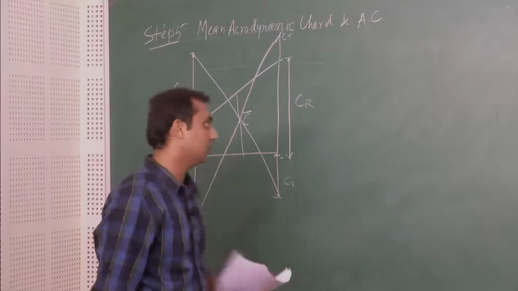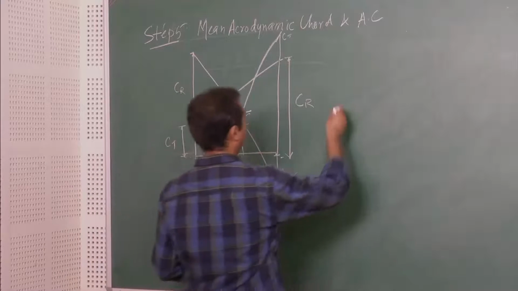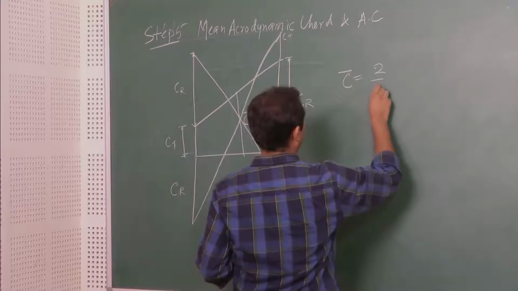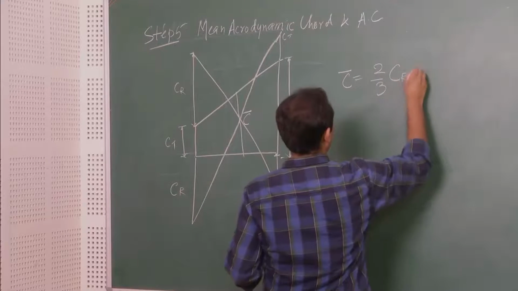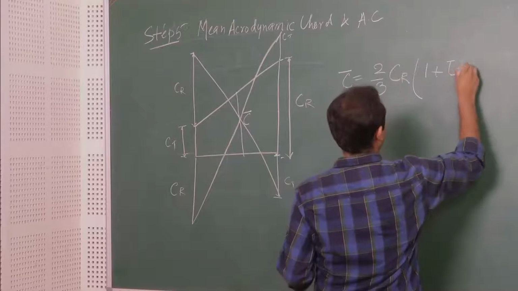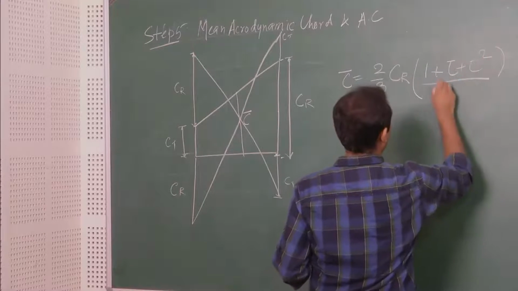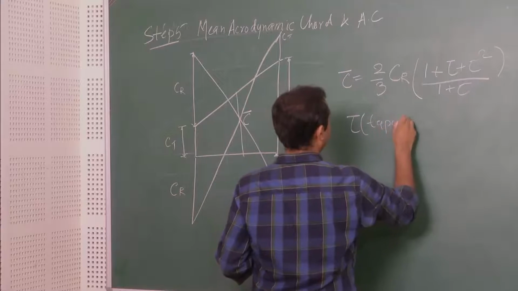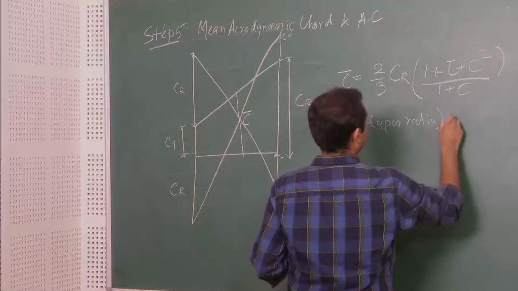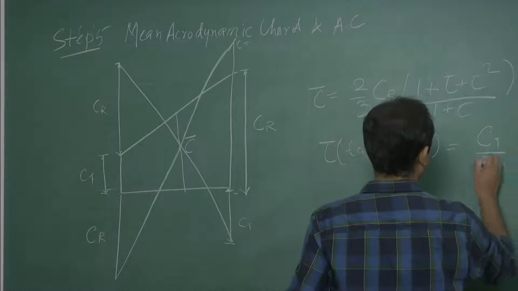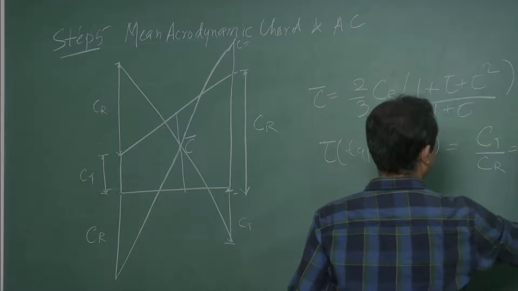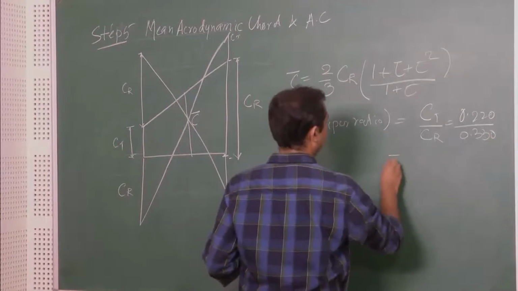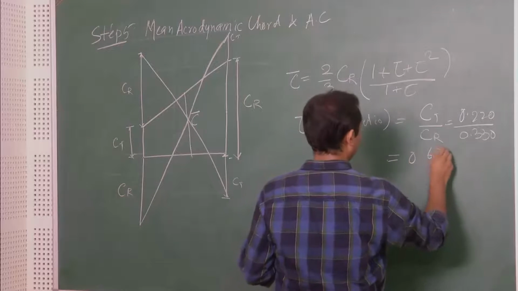This is the geometrical method, but in case you don't want to work with it because sometimes the wings are too large and you cannot directly apply this, go for a mathematical formula, which is mean aerodynamic chord equals 2 by 3 root chord into 1 plus tau square divided by 1 plus tau, where tau is your taper ratio, that is the ratio of tip chord to root chord. In our case it is 0.220 by 0.330, which will be about 0.67.